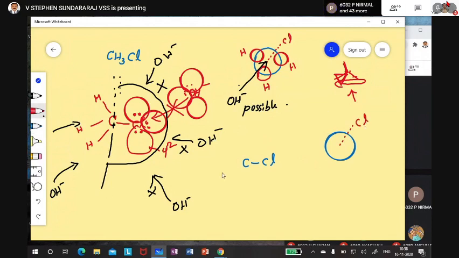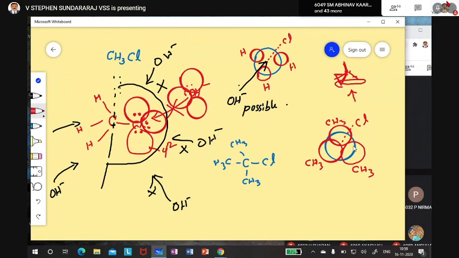Then here, this is one CH3, this is another CH3, and this is another CH3. So this is CH3, CH3, CH3. Understood or not? So this is the tertiary carbon with three CH3.